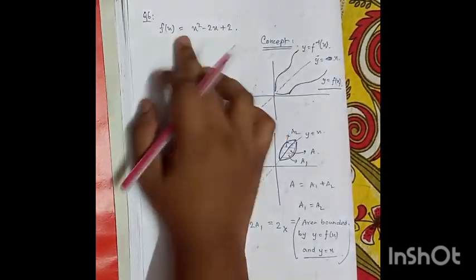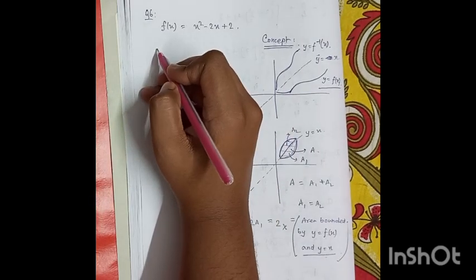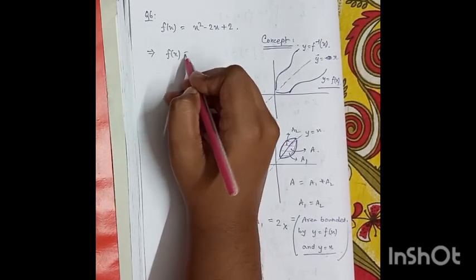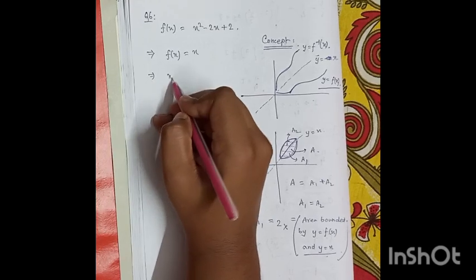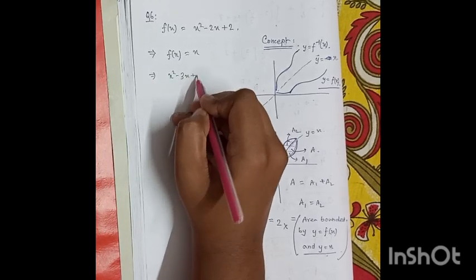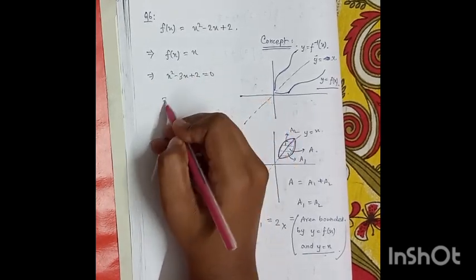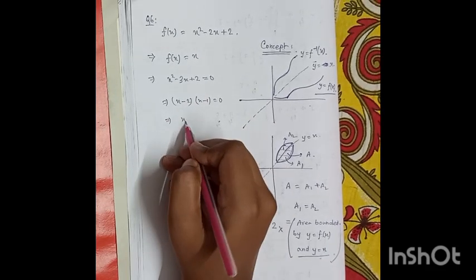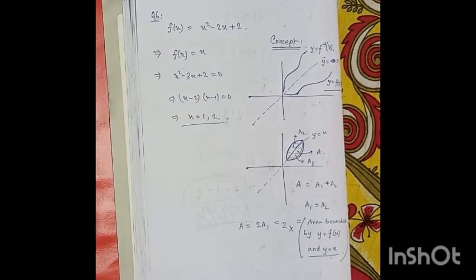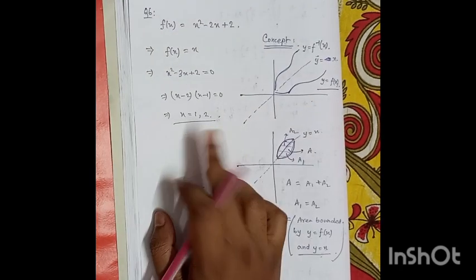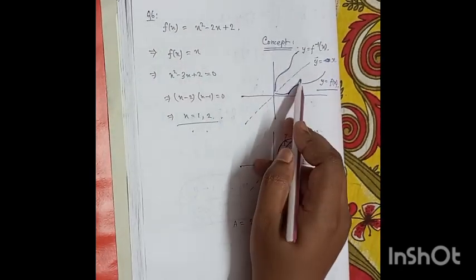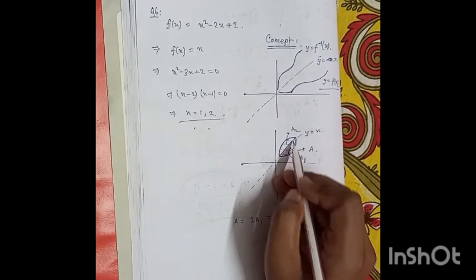So let us proceed here. If we put f(x) equal to x, then what we will get is x square minus 3x plus 2 equal to 0, that is (x minus 2)(x minus 1) equal to 0, that is x equal to 1 and 2. So this particular function f(x) cuts the line y equal to x at 2 points like this.